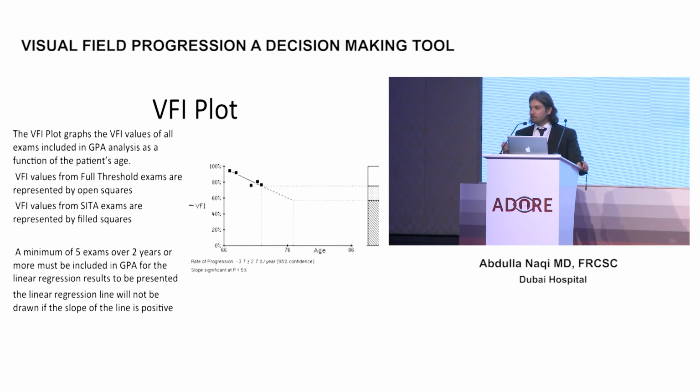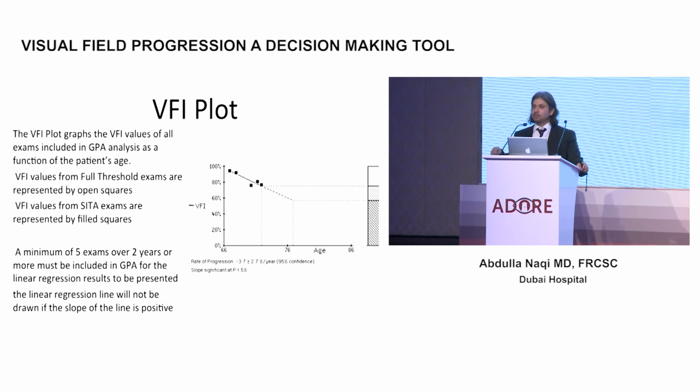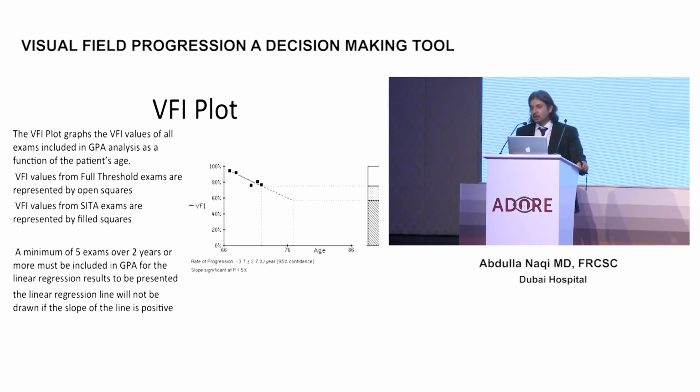So the VFI plot basically plots the visual field index, which they say is like the mean deviation weighted more toward the center of the visual field, with the cataract effect taken off. So it's not something that you can statistically pinpoint, but it's just a number that Zeiss came up with by taking off some of the media opacities and weighting more for the central field rather than the peripheral field, and it is a percentage, which seems to be an accurate number.